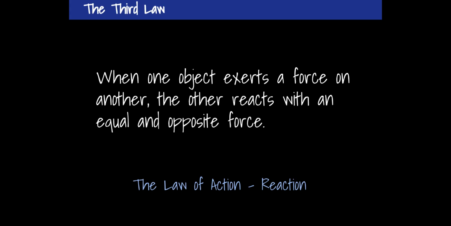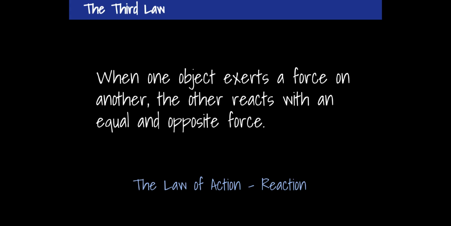When one object exerts a force on another. So far, I've been talking about the behavior of individual objects, single objects. But the fact of the matter is, the nature of our universe is interaction. All of the interesting things of nature happen when one system or object interacts with another. So I begin with one object exerting a force on the other, then the other reacts with an equal and opposite force.